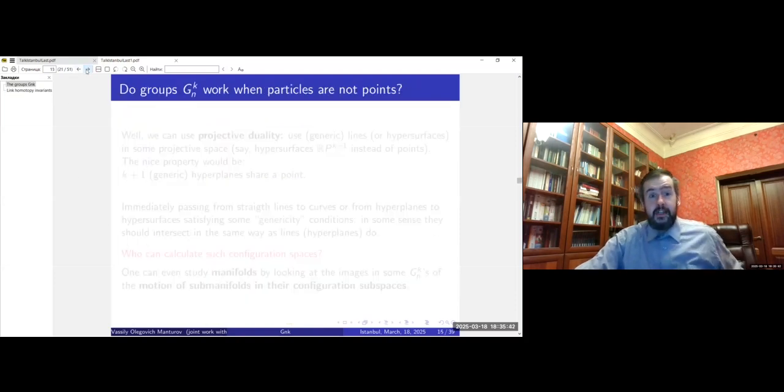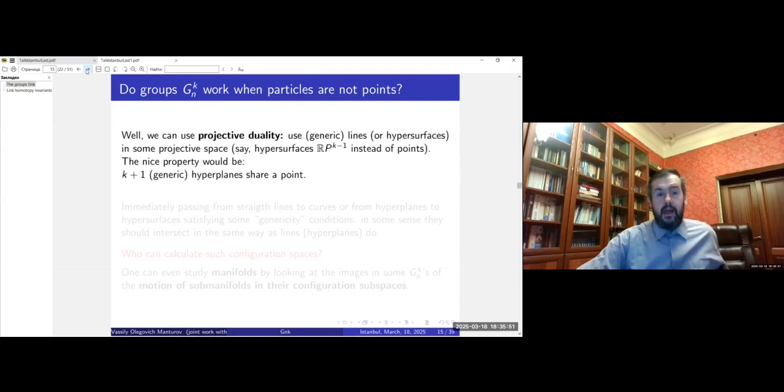Now in my formulation, I said particles. Why didn't I say just points? We can do the following trick. We can use a projective duality. Everything I said about the Euclidean space can be said about the real projective space.